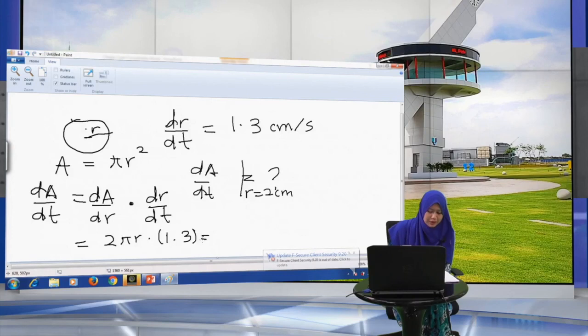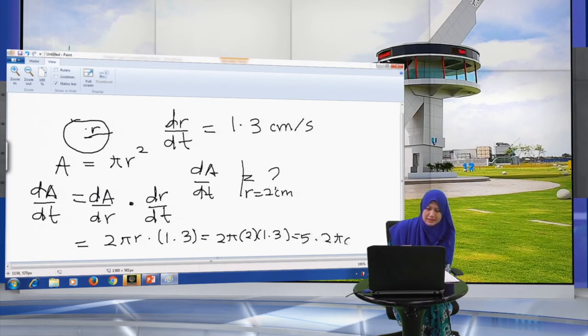So, we compute this and insert r equals 2. So 2 pi multiplied by 2 multiplied by 1.3, and you will get 5.2 pi centimeter squared per second.